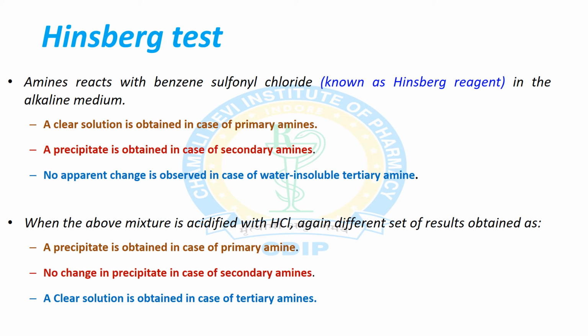But when the above mixture is acidified with hydrochloric acid, again different results are obtained. When the primary amine mixture is acidified with HCl, a precipitate is obtained. In the case of secondary amine, no change in the precipitate would be there, and in the case of tertiary amine, a clear solution would be there.